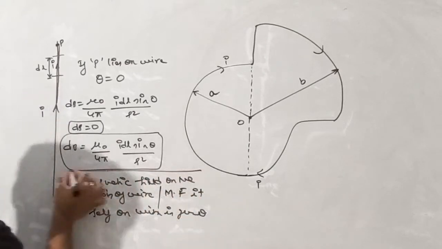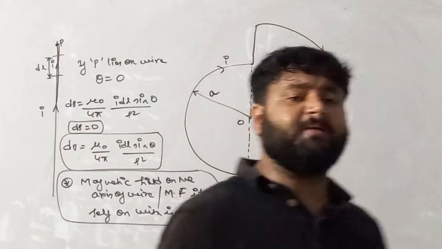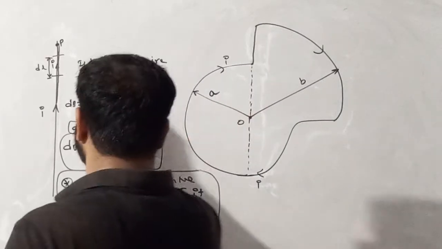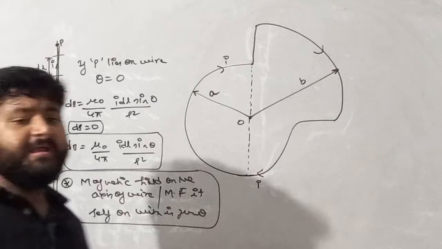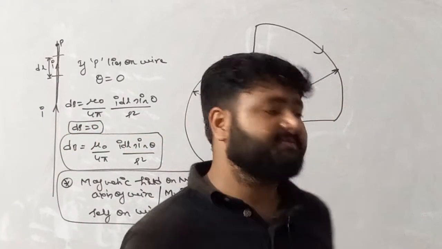Remember this thing, the magnetic field on the axis of the wire. Axis of wire means the line which passes through the wire. So my dear student, if point P lies itself on the wire, then theta becomes 0, and the magnetic field is always considered to be 0.